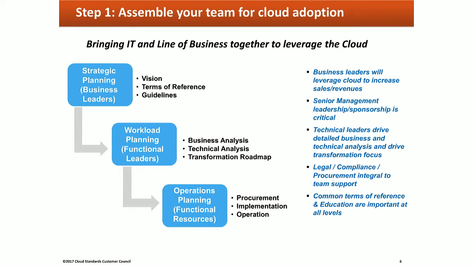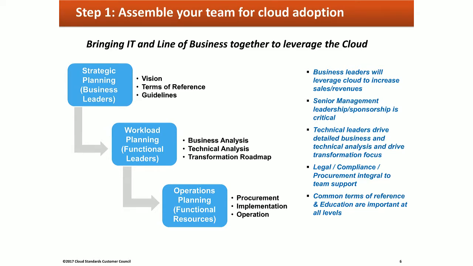It also defines the terms of reference, given the purpose, the roles and responsibilities, and how the actual cloud transformation journey will occur and the engagement process. And then it defines guidelines, which is very much about establishing the business framework and guidelines for how this journey is going to take place within the culture that your corporation may have.